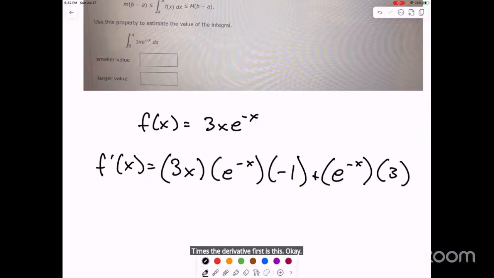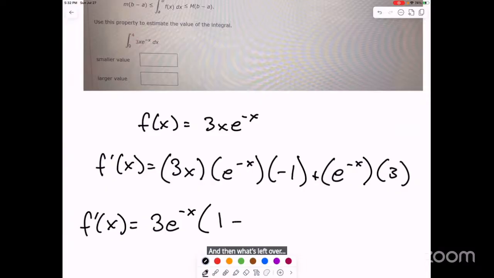It looks like we can factor out 3e to the negative x from both terms, and what's left over is 1 minus x.